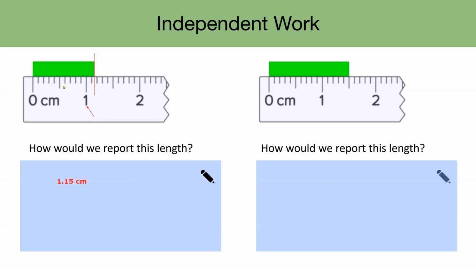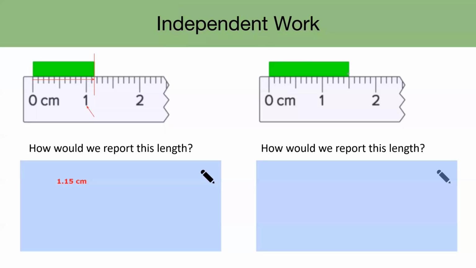This answer is going to be 1.15, and that's because while we're stretching down from 0, we reach past the 1 centimeter and then past its 1 millimeter mark after that, and that's between the 1 millimeter mark and the 2 millimeter mark.